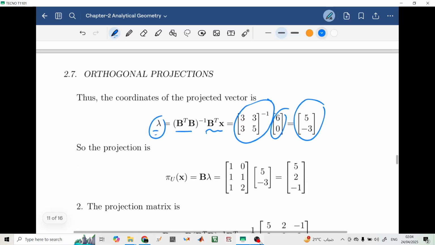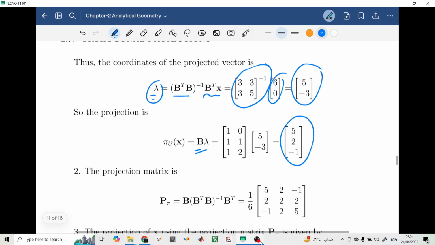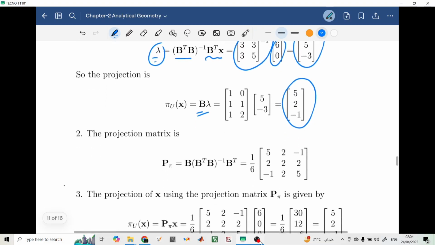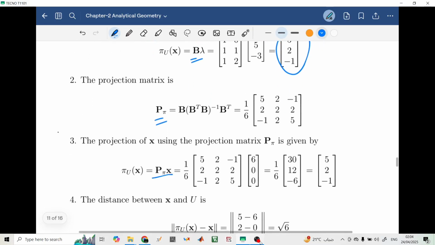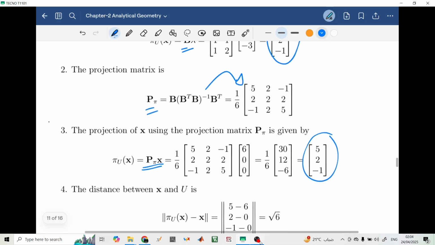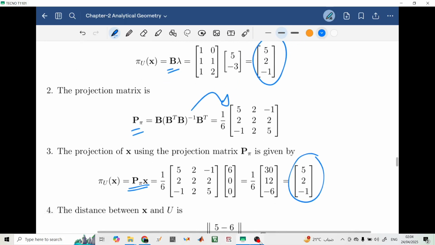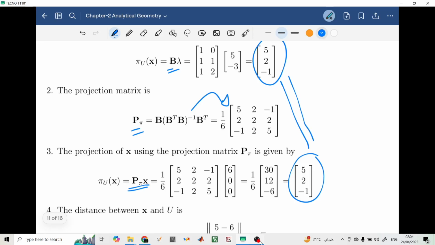What we do is now we multiply lambda by the basis, and this is the projection of x onto U. Now we can find it in a different manner. We find the projection matrix, and then we multiply it by the vector x. So we have 2 ways, right? So here we found the projection matrix directly, and we multiply it by x, and we get the same vector. It should be the same vector, right? It is the same vector. So this and this, they are the same.